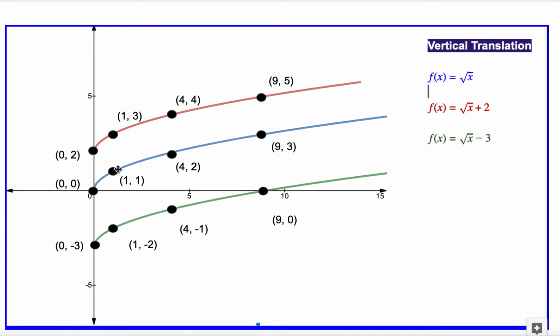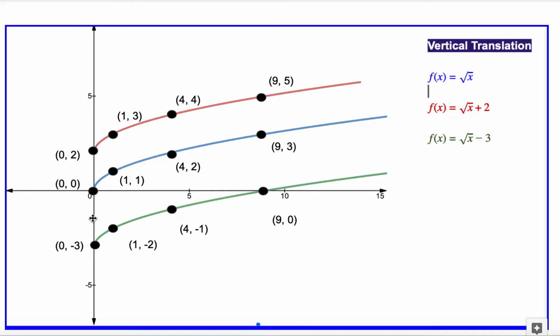But if you look here, for example, the y coordinate changed in the red function by 2 units, because this 2 indicates it. Here was 1, and here is 3. Here is 2 as the y coordinate, but in the red function it is 4. And in the parent function the y coordinate is 3, in the red it is 5.